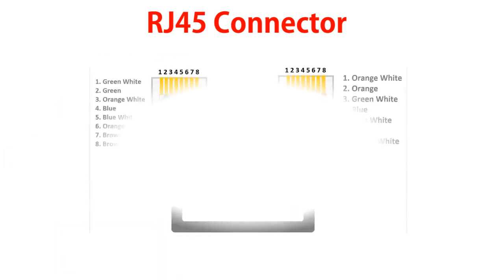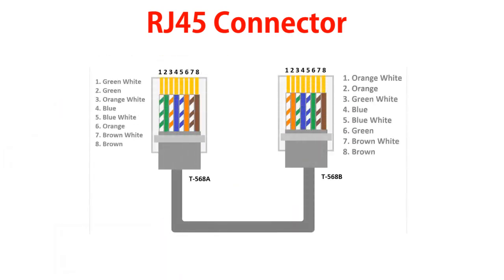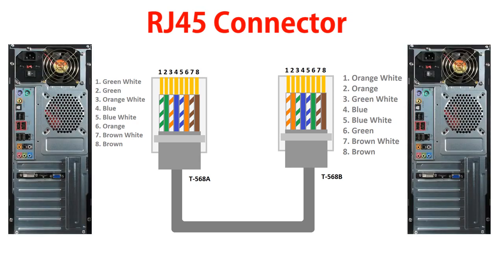So the signal can be transmitted through either side of the Ethernet cable connected with RJ45 at both ends. The RJ45 connector is connected to the network adapter of a computer or device in order to receive and send data packets over the computer network.